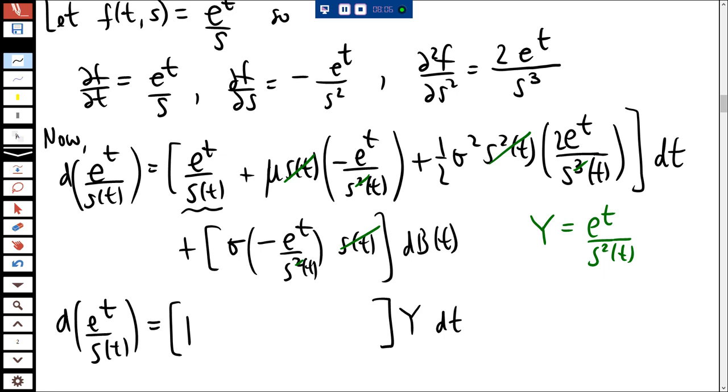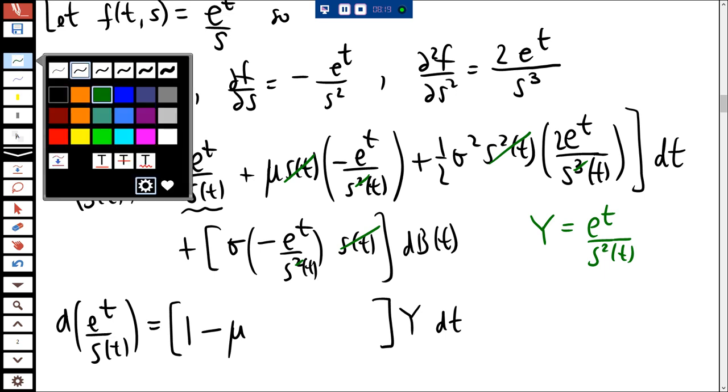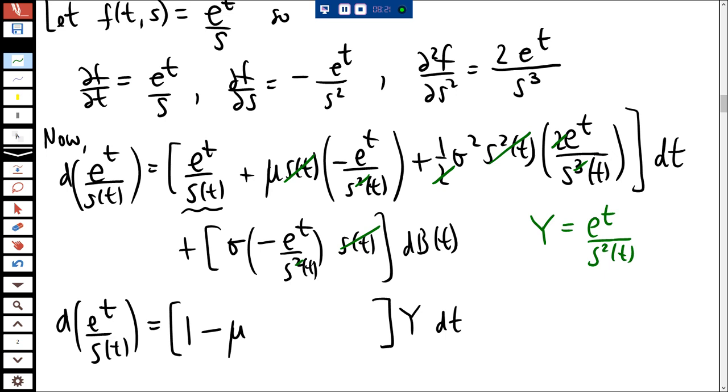The second term is minus mu, and the rest of it comes out as a factor. The next term, all those 2's are going to cancel. Just notice that. So we have a sigma squared and everything else comes out. Just bring that a bit closer so I can fit it all on.